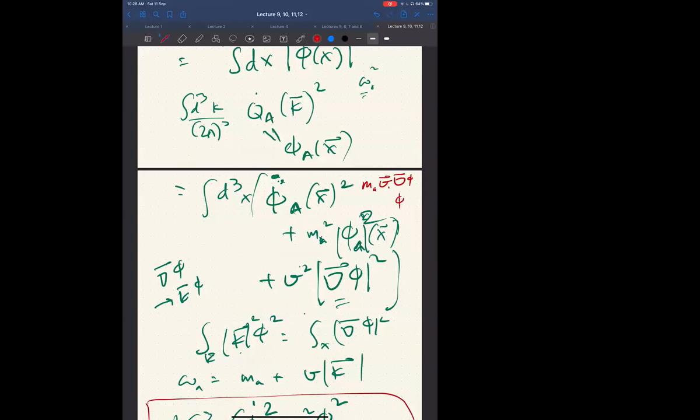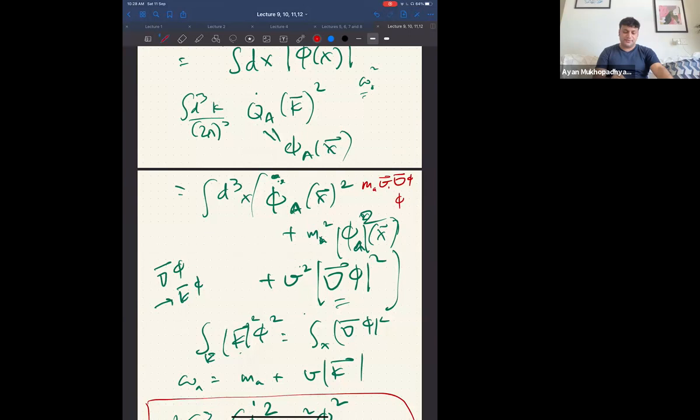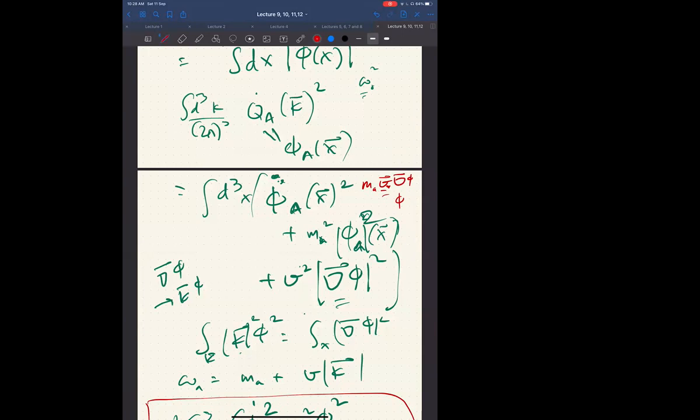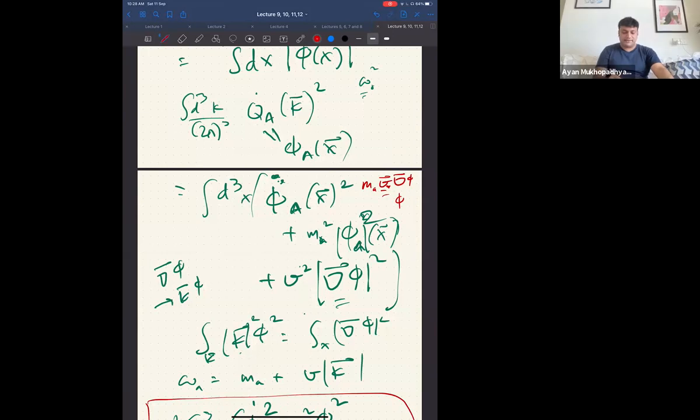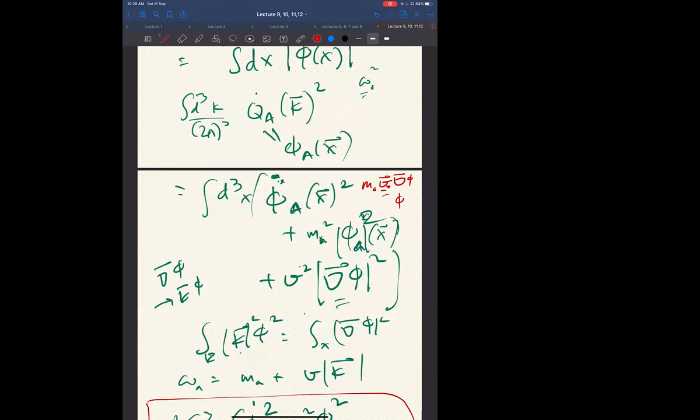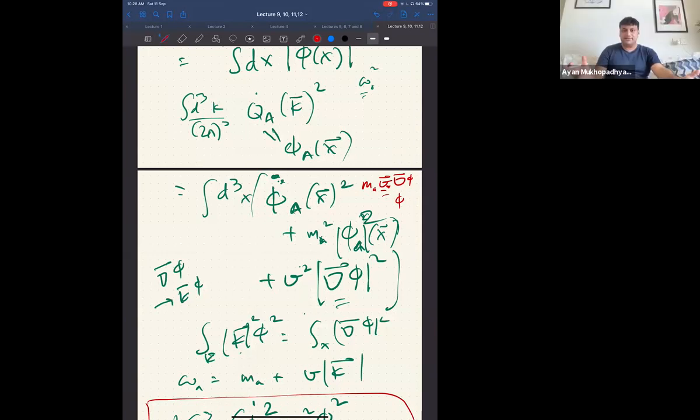I assume that V is constant, and therefore this is basically a total derivative, which will integrate out to 0. So V dot grad phi times phi is basically V dot grad of phi square. You can take V outside of the integral, and this becomes a gradient of something that should integrate out to 0.